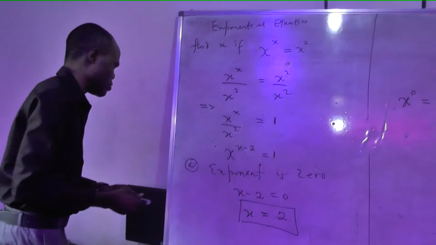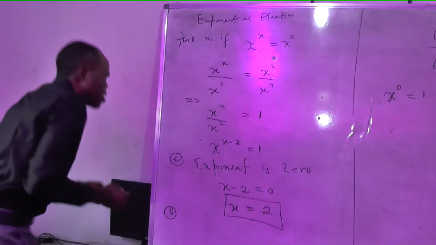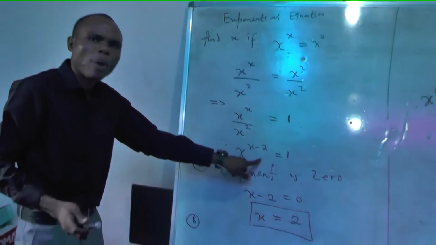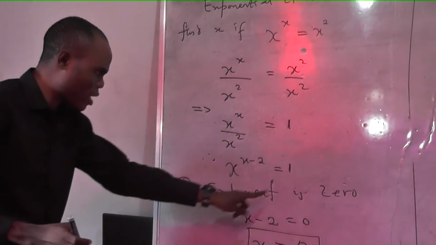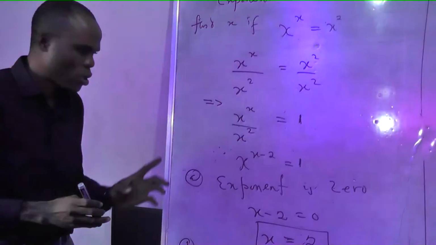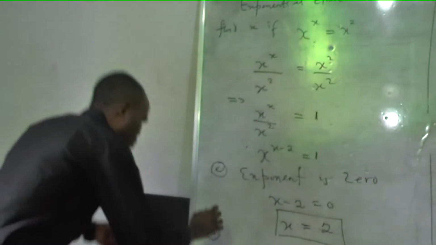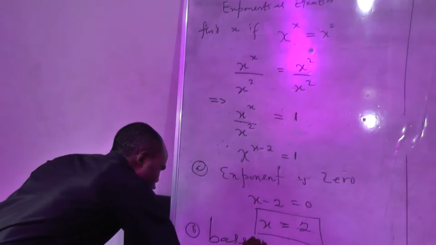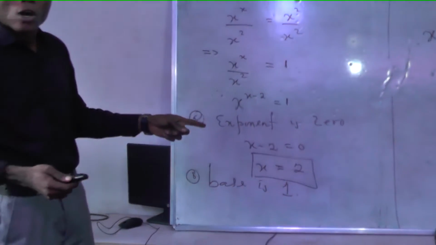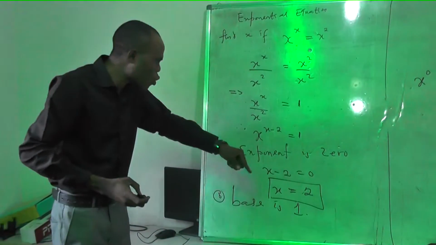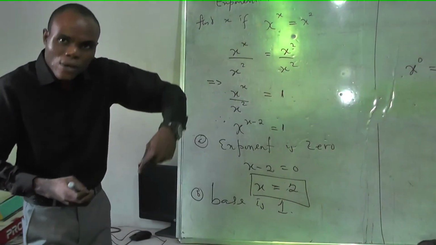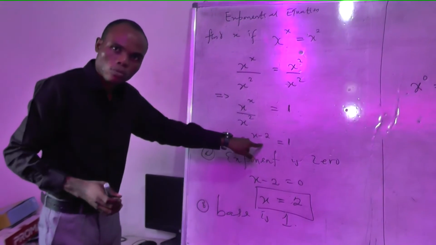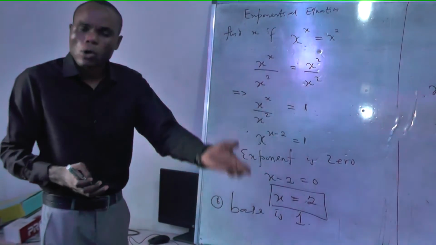Now, another thing we need to take note of. If x to the power of x minus 2 equals 1, one thing is that the exponent is 0, which is satisfied. Another thing is that the base itself is 1. So the value of x is not only 2. The value of x will be 2 if the exponent is 0, but that is not the only condition.